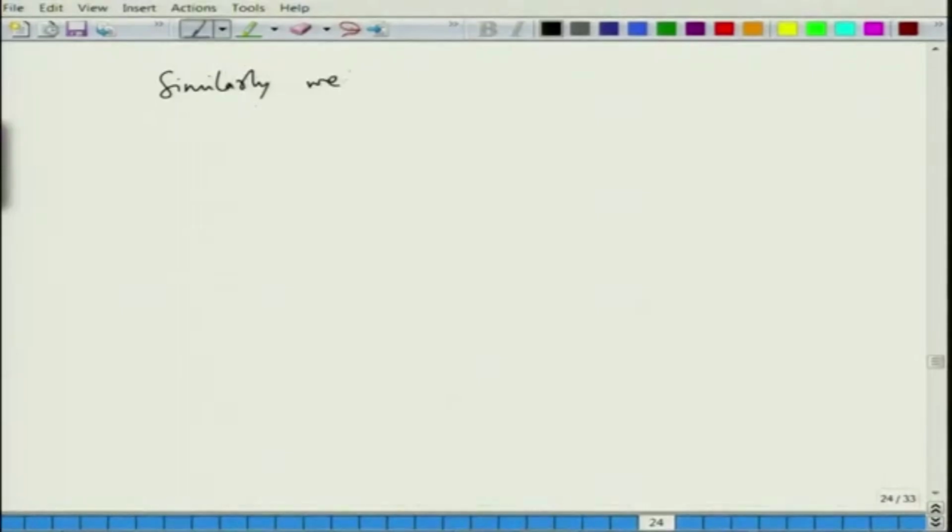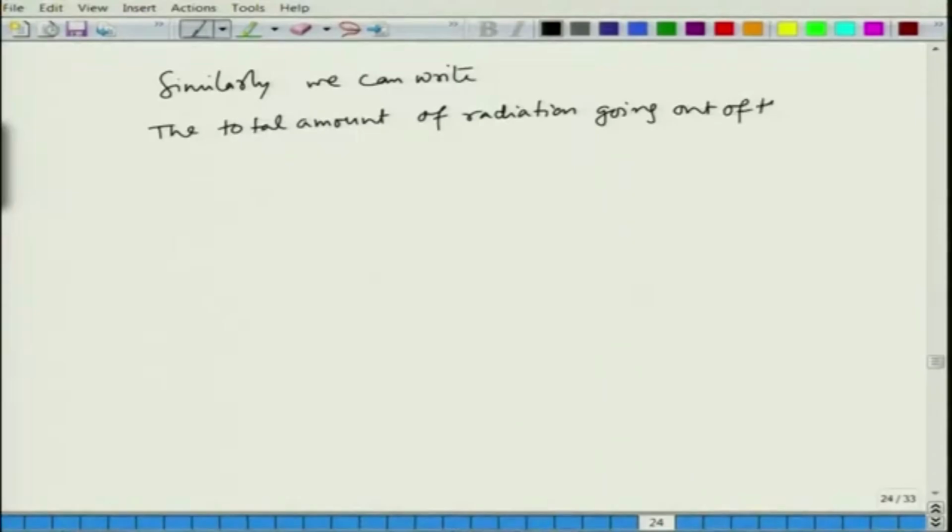we can write the total amount of radiation going out of the sun along the 2D plane.